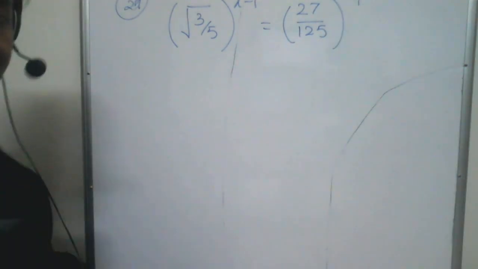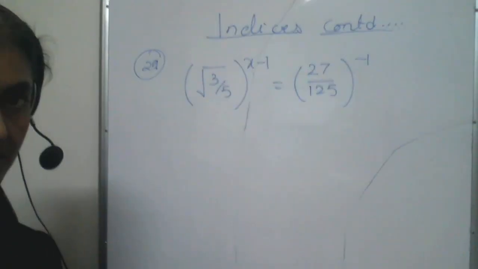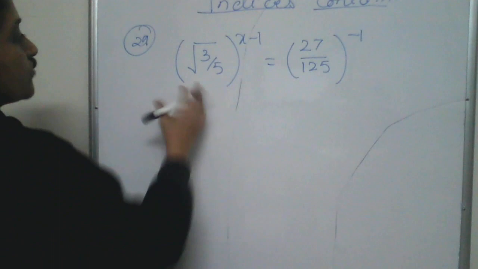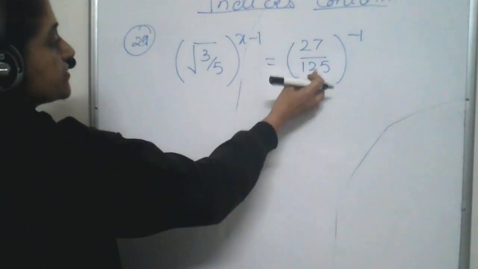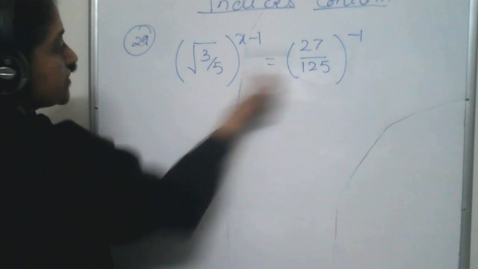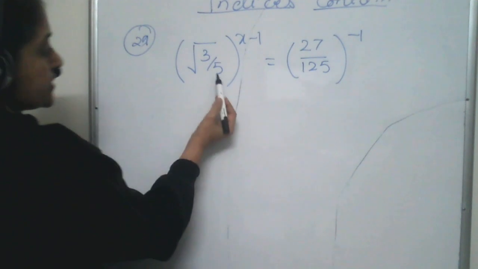Okay, so this is the question. Now again the same thing you can do, but this is 27 upon 125. You are smart enough to understand now that 27 is cube of 3, 125 is cube of 5.